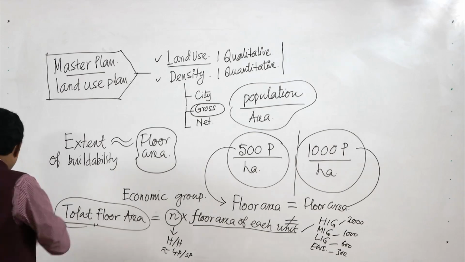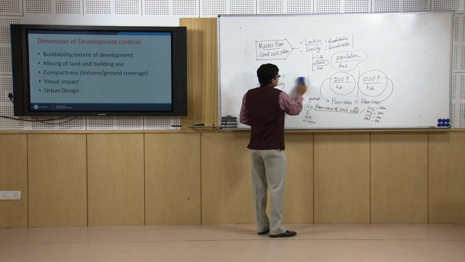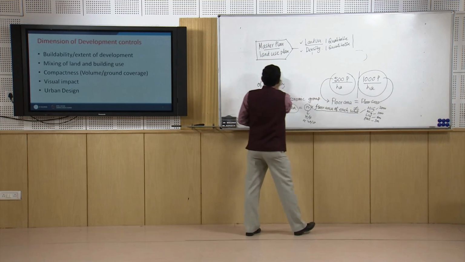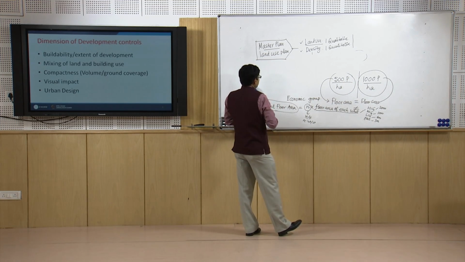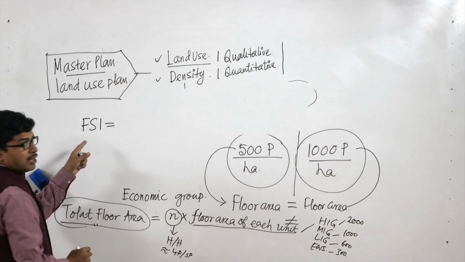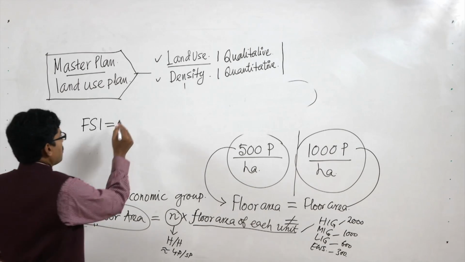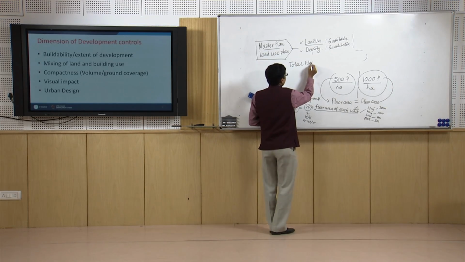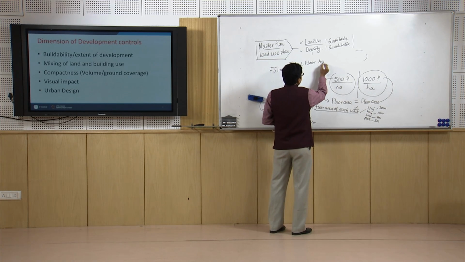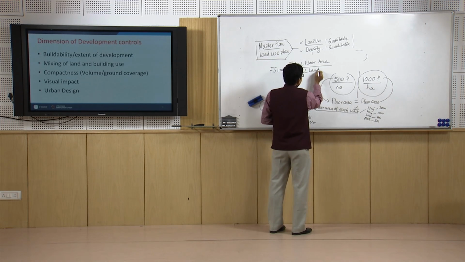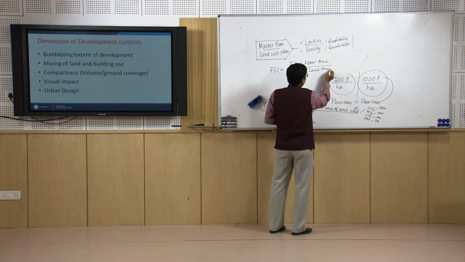Let us see. Most of you, those who are coming from the architecture background, have heard about the term FSI. Basically floor area is determined by the FSI, which is floor space index, that is the total floor area divided by total land area.